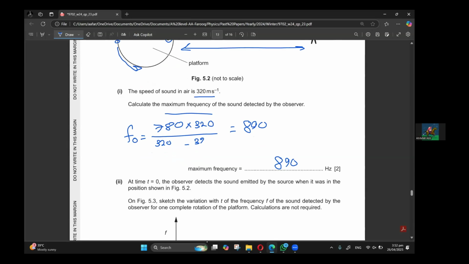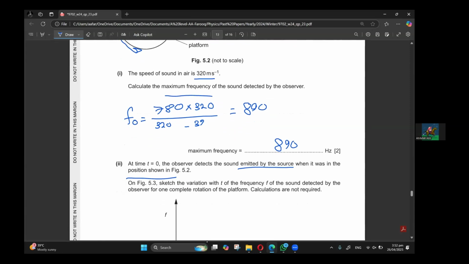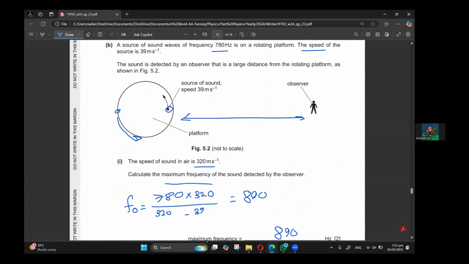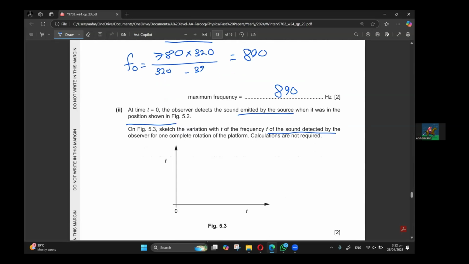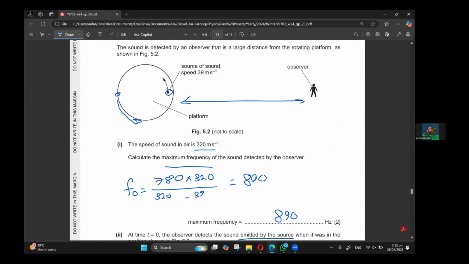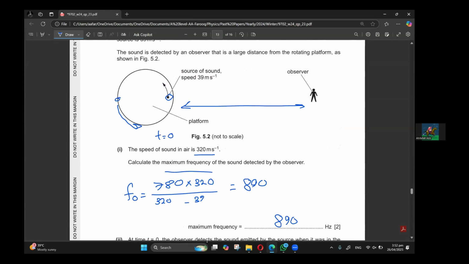At time t equals 0, the observer detects the sound emitted by the source when it was in the position shown. On figure 5.3, sketch the variation with t of the frequency f of the sound detected by the observer for one complete rotation of the platform. Calculations are not required. Okay, so initial position it is equal to 0.